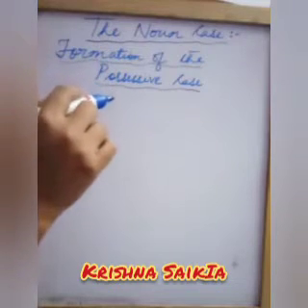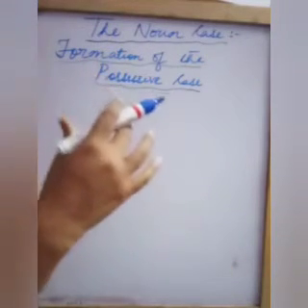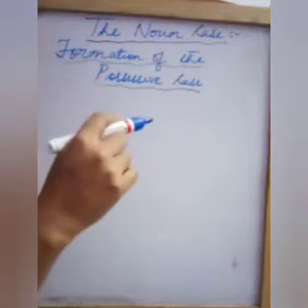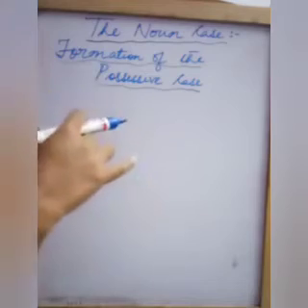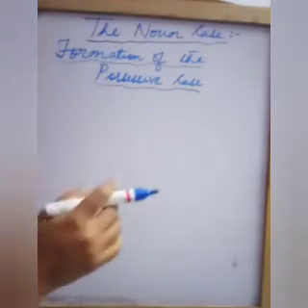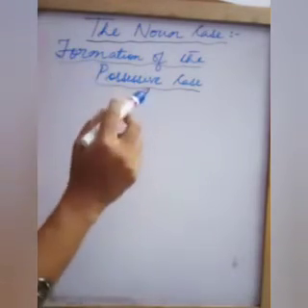So in possessive case, when we change the form, we add an apostrophe s, and it shows the possessive case, meaning ownership or possession, isn't it? So today we will see how such possessive case is formed.